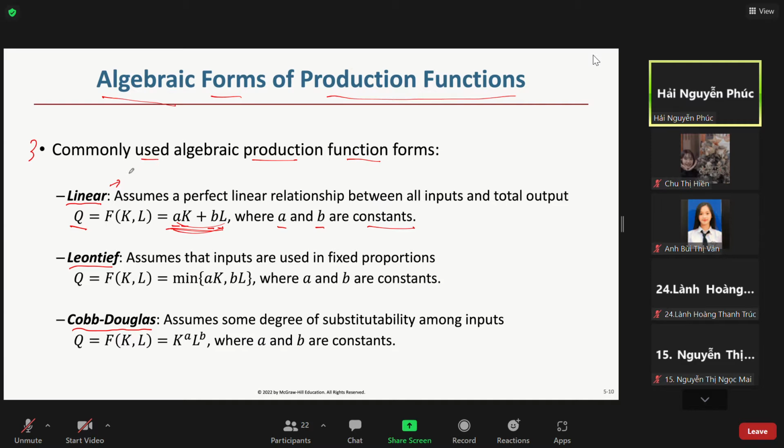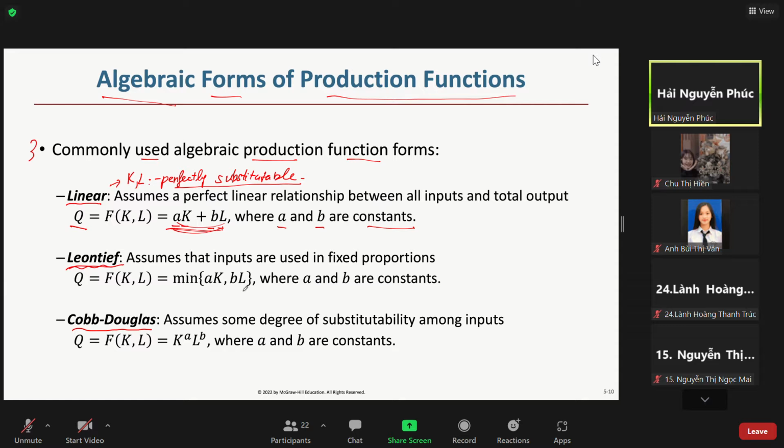It tells us that K and L, the two inputs in production, are perfectly substitutable. So you can substitute K for L and vice versa. You can substitute L for K to obtain the same level of output.